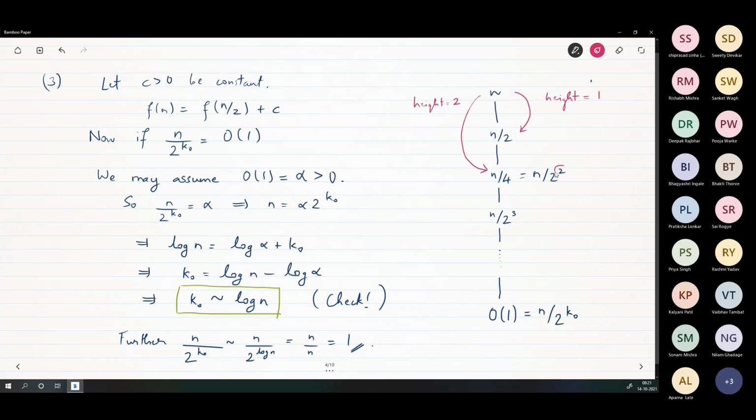So if you're going from n to order 1, and order 1 looks like n by 2 to the k naught for some k, what should this height be? Can somebody tell what the height is first? Yeah, height is k naught.